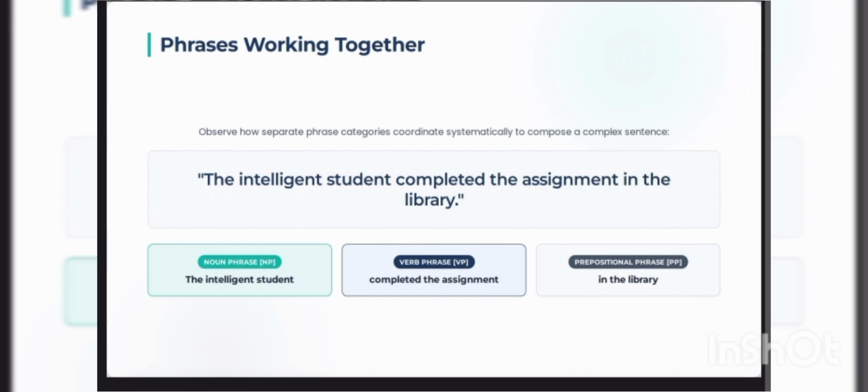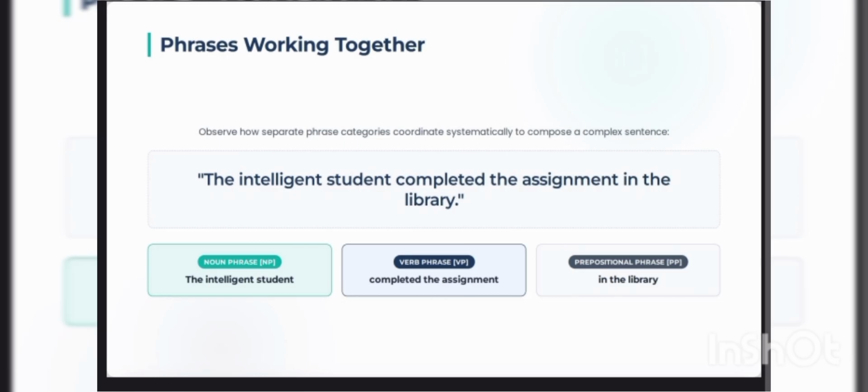This phrase expresses the action. Third is the prepositional phrase, in the library. This phrase provides information about the location. Notice how each phrase performs a specific grammatical function. Together, they create a complete and meaningful sentence. This demonstrates the hierarchical structure of language, where words combine into phrases and phrases combine into sentences. Understanding this relationship is one of the central goals of syntax.